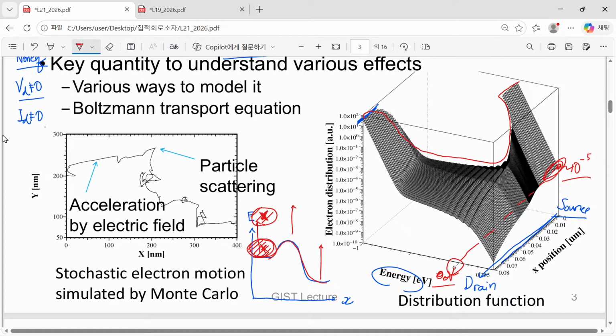So this is the physical interpretation of the electron distribution function. So it is position dependent and energy dependent. So are you with me? So now we have applied a certain voltage, quite a high voltage.